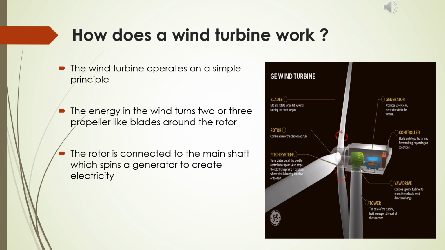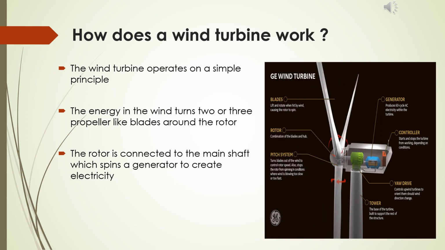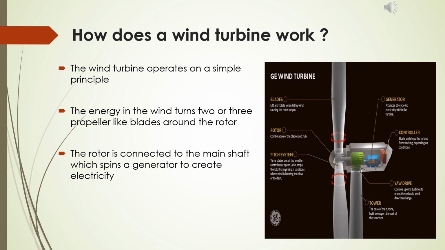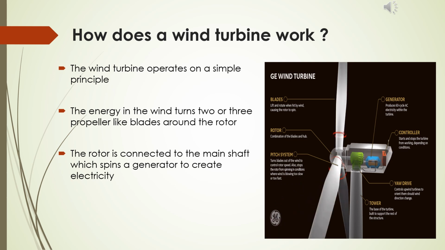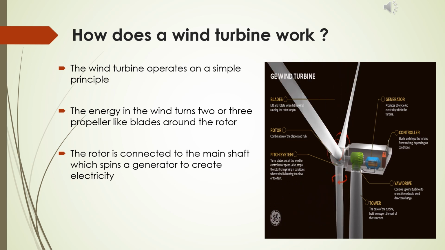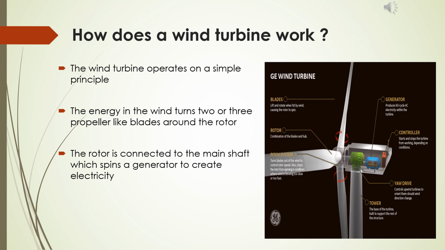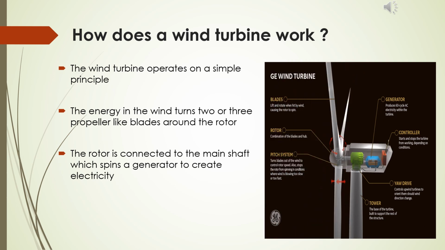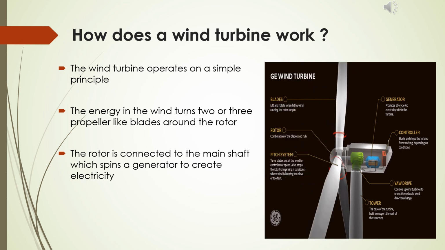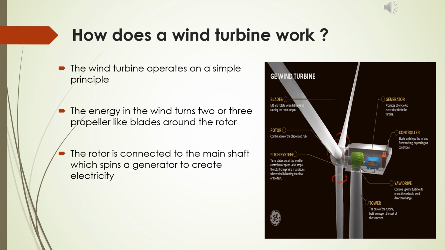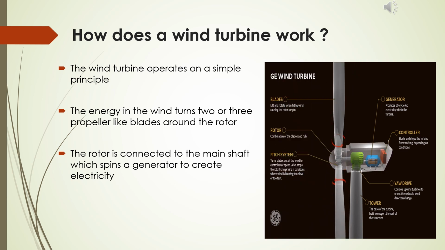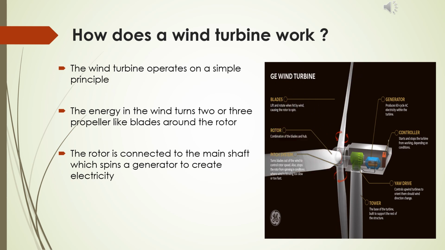Now the major question arises, how does a wind turbine actually work? So the wind turbine operates on a very simple principle. The energy in the wind turns 2 or 3 propellers, which are also called blades, around the rotor. The rotor is connected to the main shaft. As you can see in the figure also, in the middle there is a rotor which is surrounded by the blades and is connected to the main shaft.